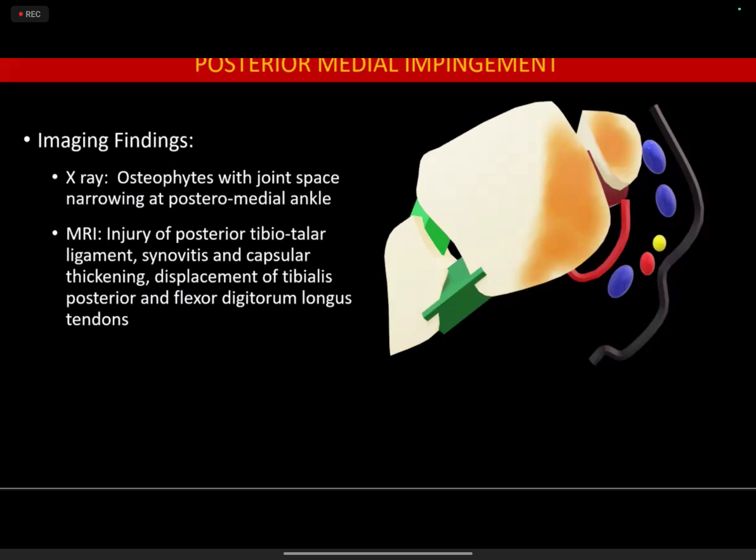So a common differential here is pathologies of the posterior tibial tendon, which has to be differentiated from posterior medial impingement. So there are certain clinical tests like TIPTO test in which they can identify and isolate whether the pathology is limited to the posterior tibial tendon, and MRI can aid in differentiating the findings also.